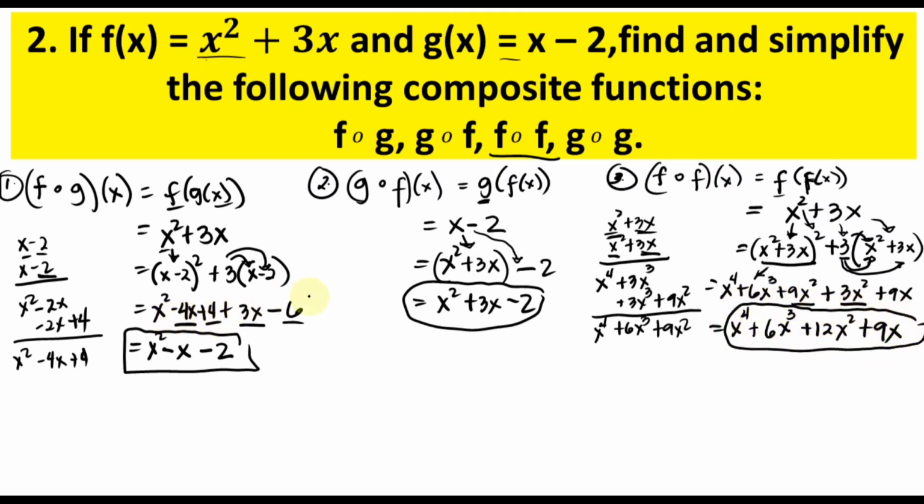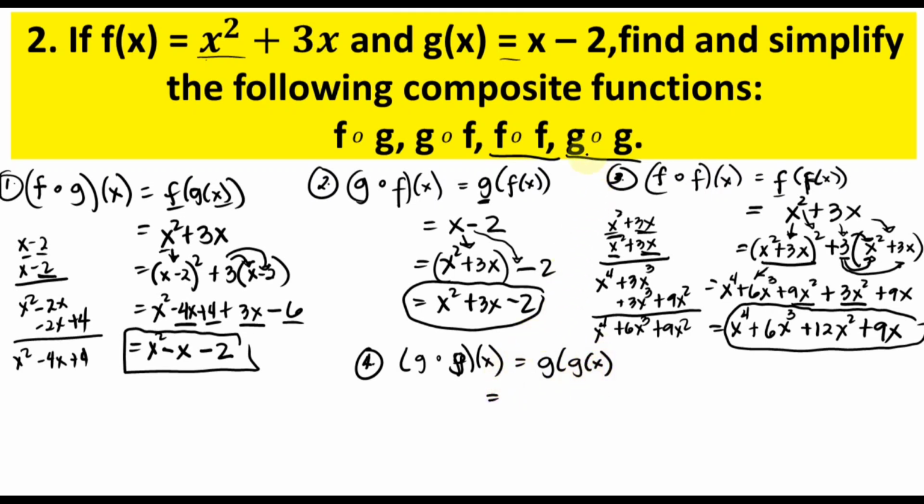Then last, number 4. So we have ito, composition of g with g. So that is g times g of x equals g of g of x.